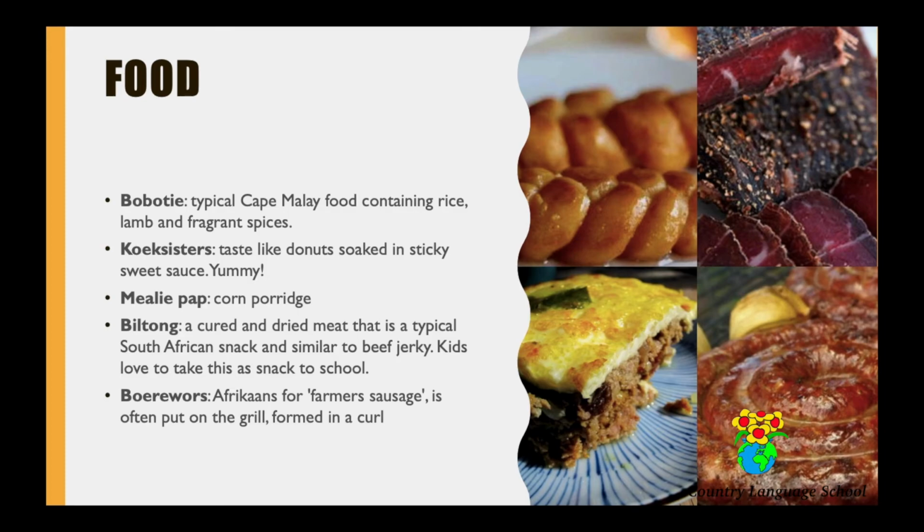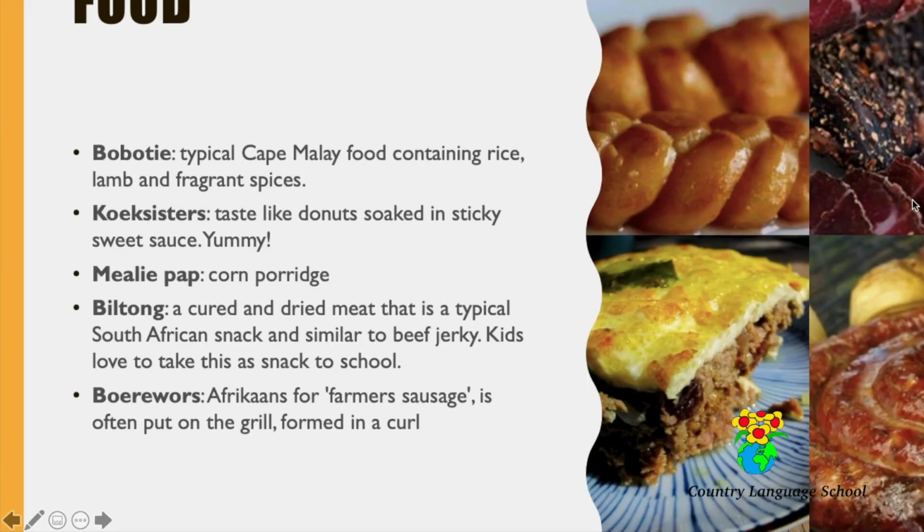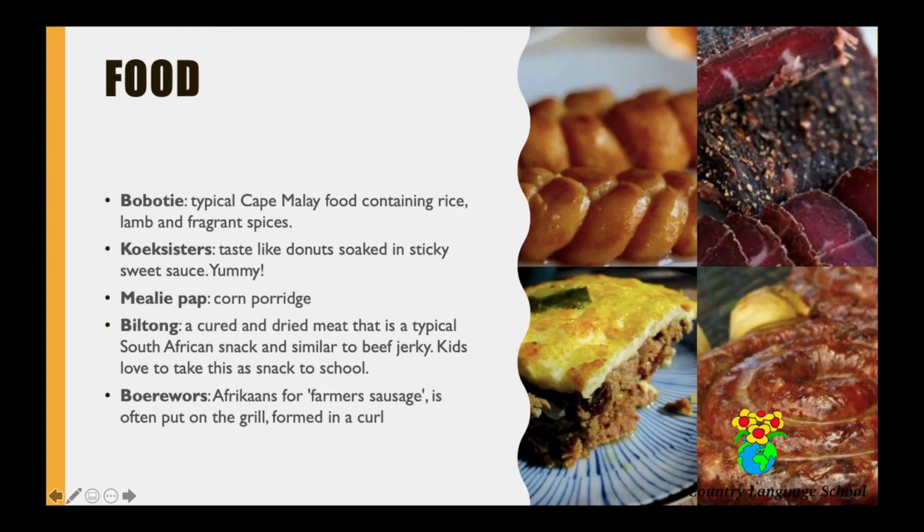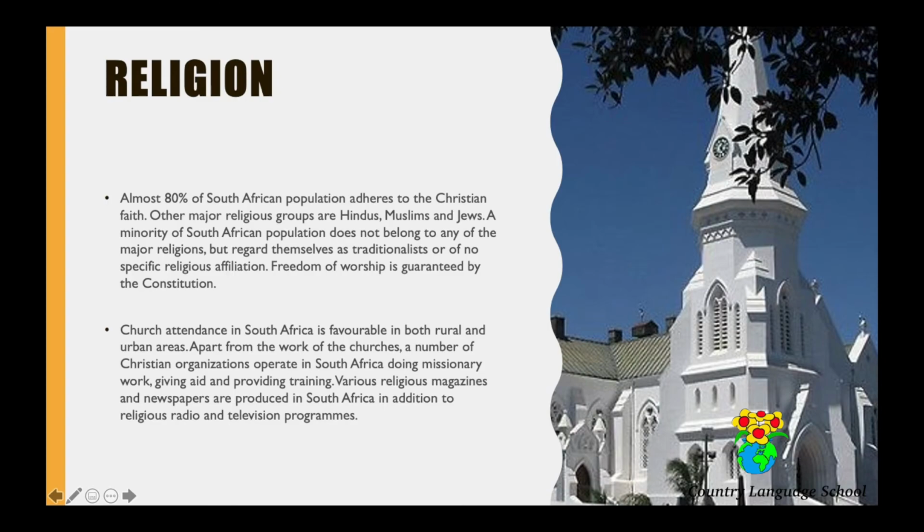Biltong, a cured and dried meat that is a typical South African snack, similar to beef jerky. Kids love to take this as a snack to school. Boerewors, Afrikaans for farmer sausage, is often put on the grill over coal. Okay, this is the sausage.